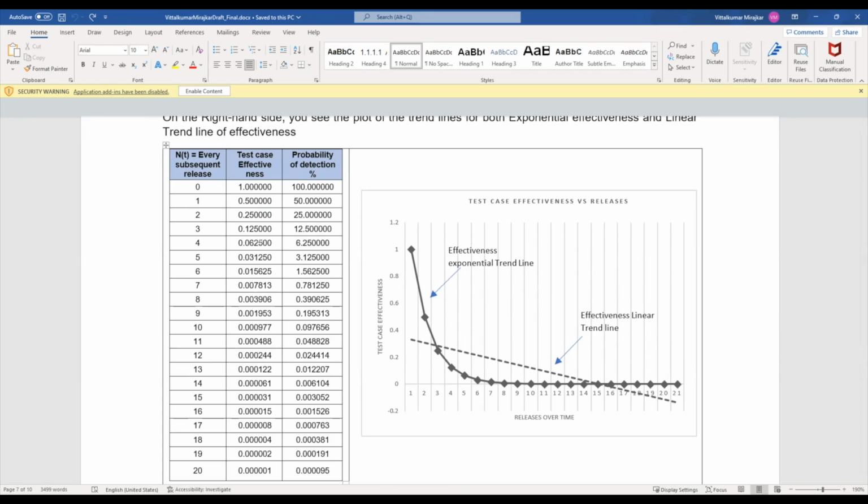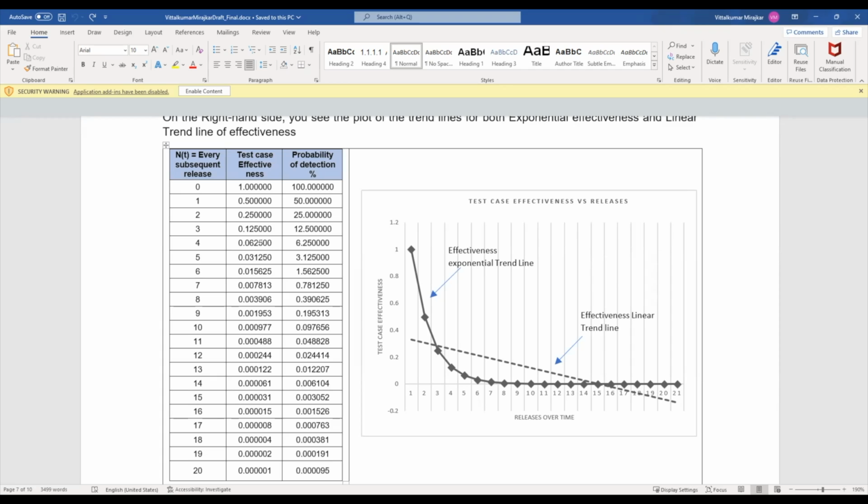The probability of finding a bug has reduced to 50%, and effectiveness has dropped to 0.5. Similarly, after 10 runs, this test case's effectiveness has dropped to a negligible 0.0097%. And its probability of detecting a bug, or a test case failing, has dropped to 0.01%.